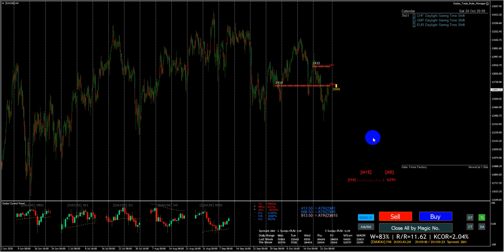So, there was a possibility that there could be a support level over here. This could be a support level, or also this could be the support level after the price, of course, broke.